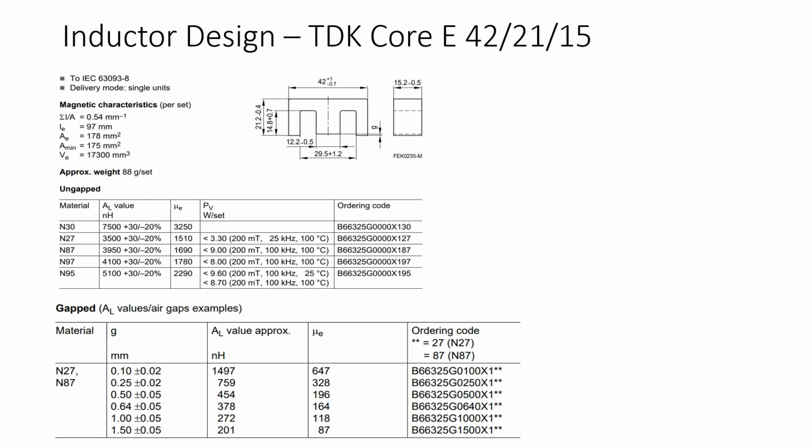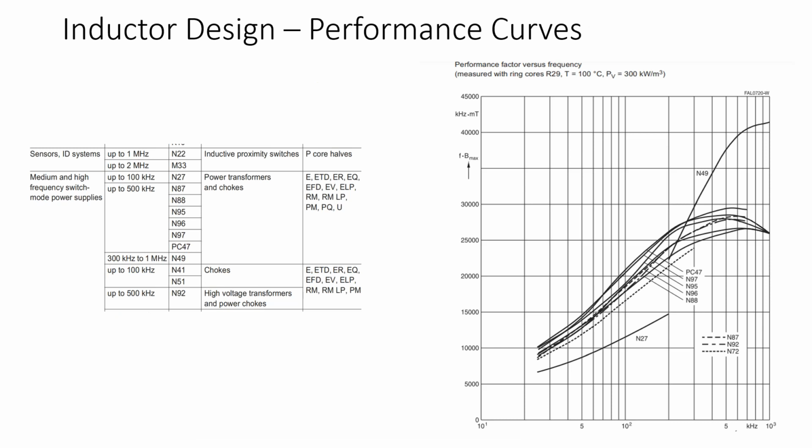For our application, we are not activating the switching power supply continuously, so we use this value at 400 kilohertz to design our inductors. But if the operation is continuous, then we can use the other equation, something like this one.